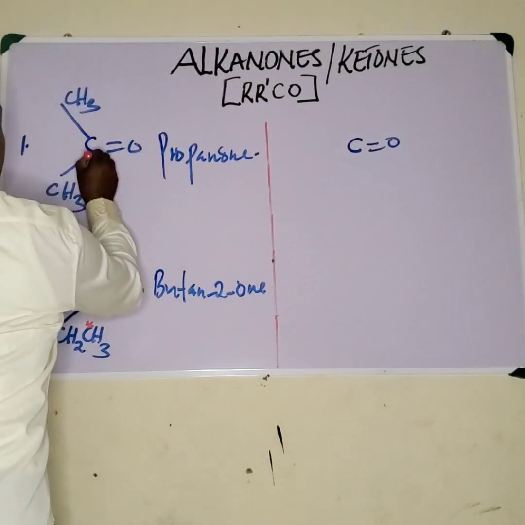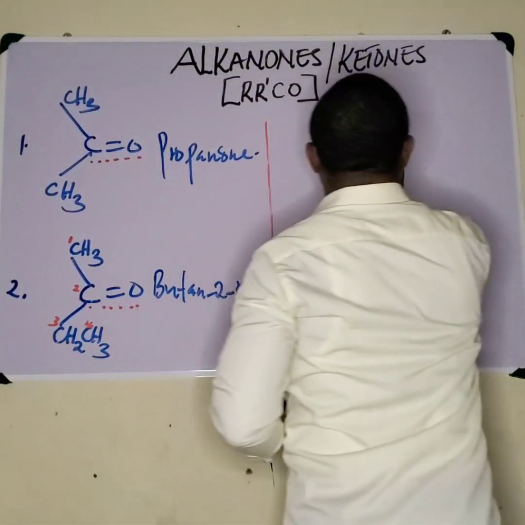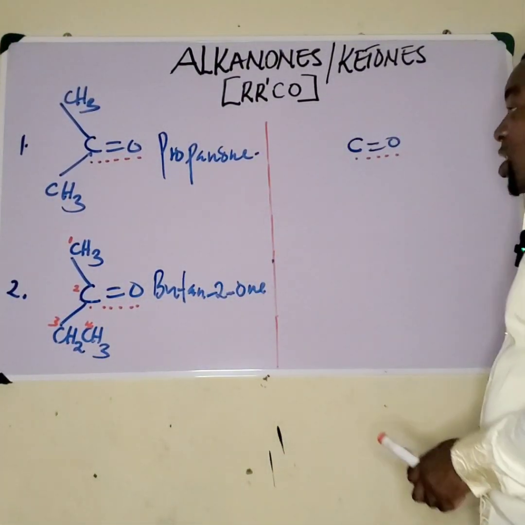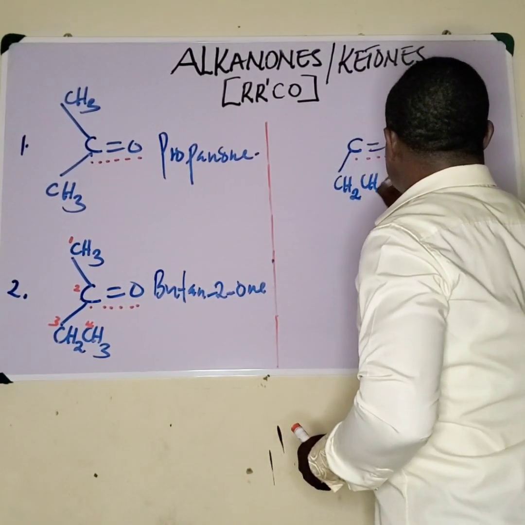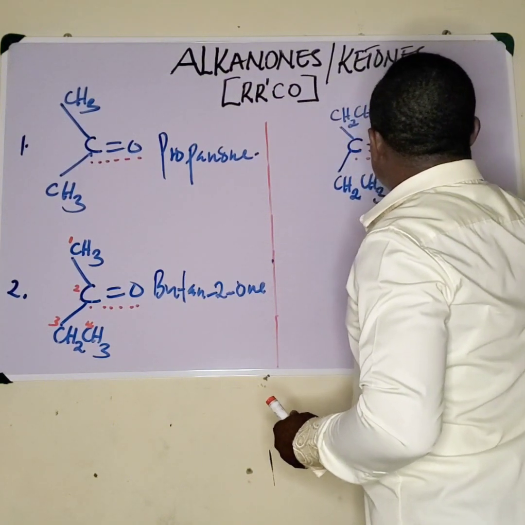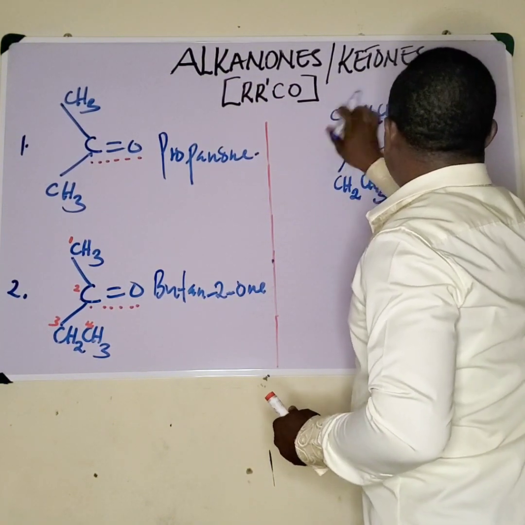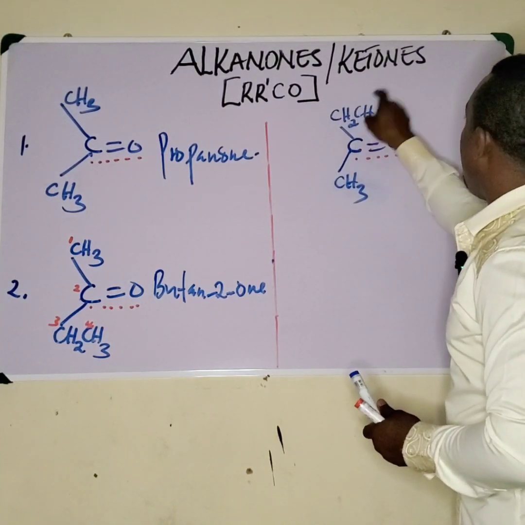The C double bond O is very important as far as alkanones are concerned. So we're going to have here CH3, CO, CH2, CH2, and CH3. 1, 2, 3, 4, 5.